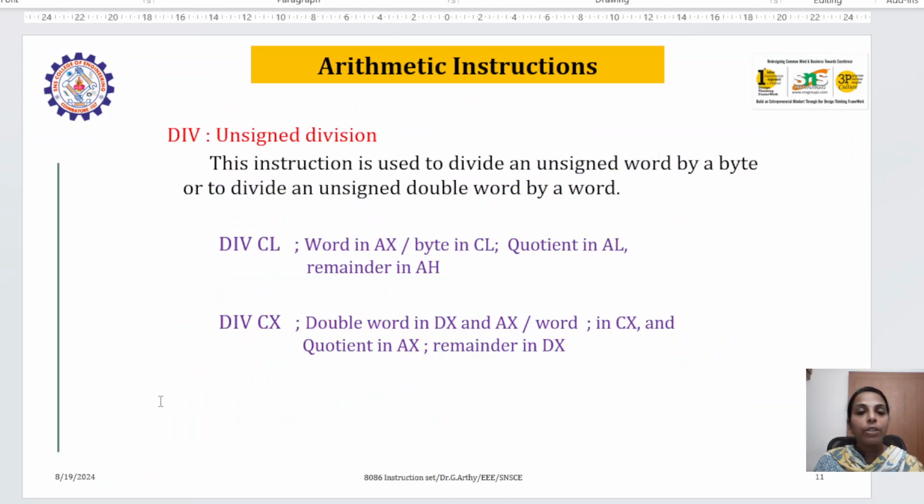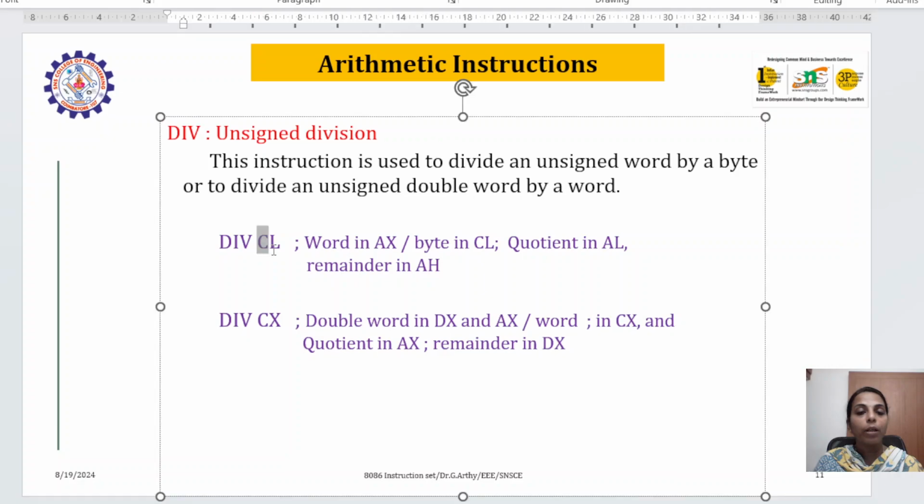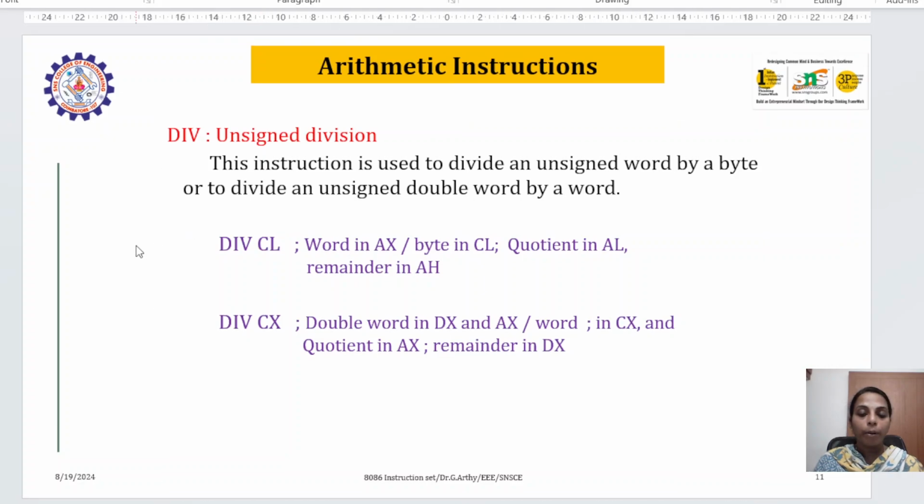Then we have division. If you see, multiplication and division will have only one operand.